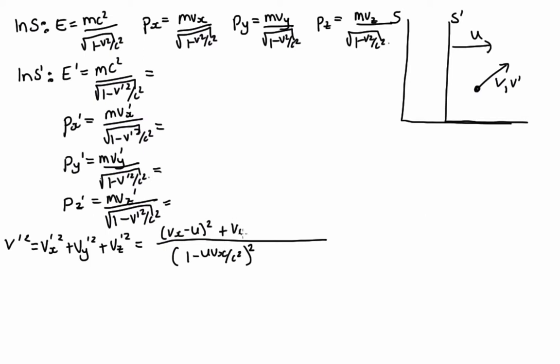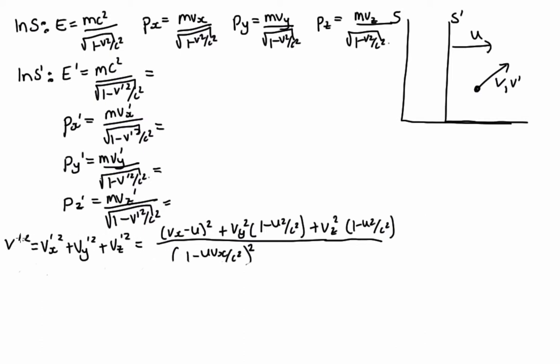So we can put that as vy squared times 1 minus u squared on c squared, and then z and y are exactly symmetric. So we've got the plus vz squared times 1 minus u squared on c squared. So we've now got an expression for v prime squared.